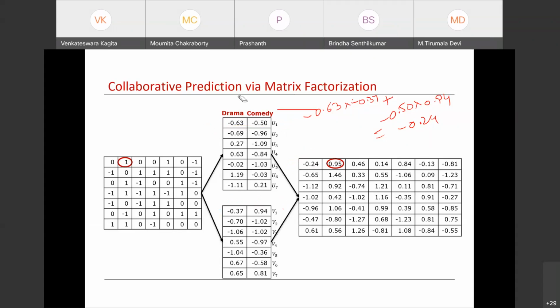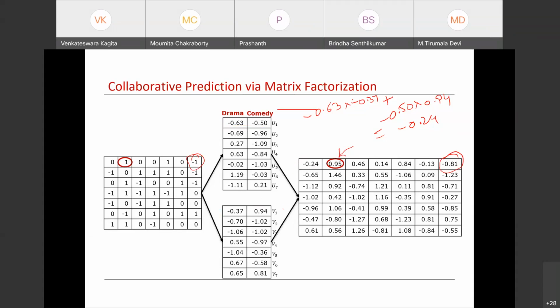Here, 1 is very close to 0.95. 0.95 is the predicted preference and 1 is the actual preference. Wherever observed entries are present, for example minus 1 here is minus 0.81. So our goal is, wherever observed entries are present, predict them close to the original preferences.